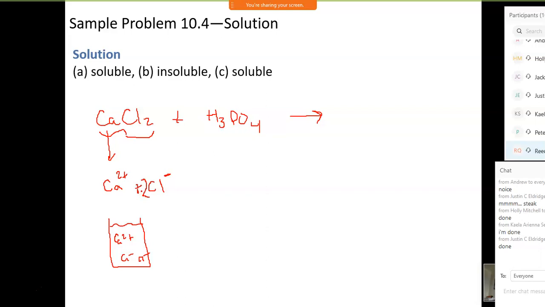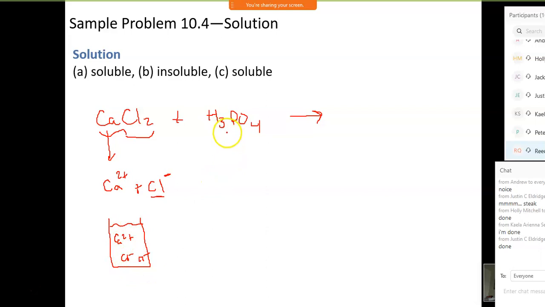I don't care about the balancing. Okay, so I want to make sure that you understand that this Cl- is the ion. I'm going to erase the 2 for right now, because I care that you know it, but right now we don't have to have it. Basically all I'm doing is writing what 2 ions this is composed of. So if I were to dump it into water, what would happen?